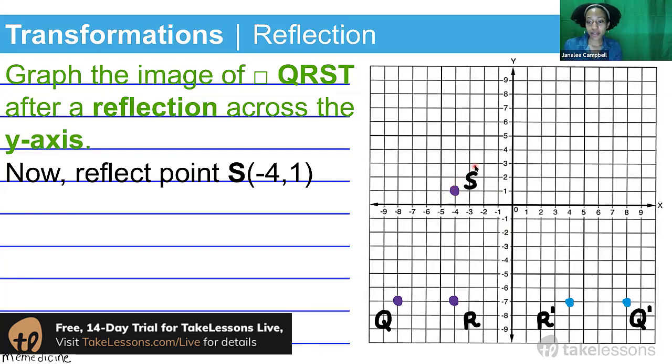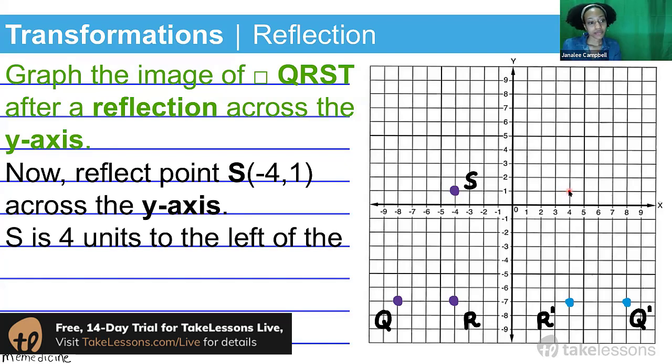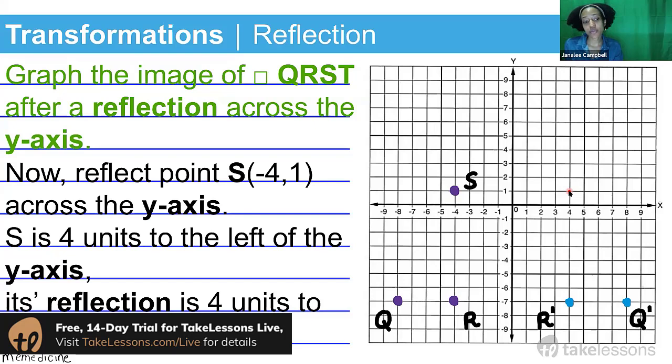And to flip it about the y-axis, we're just going to shift it equidistantly with respect to the y-axis. And I'm supposed to be at 4, yeah. So we're over here at 4. And so if S is 4 units to the left of the y-axis, to reflect it, we have to move it 4 units to the right of the y-axis.